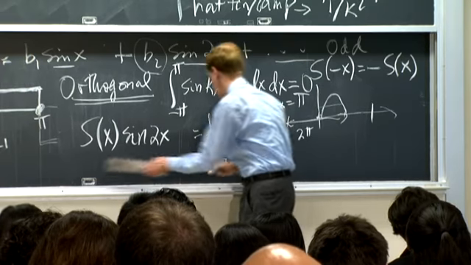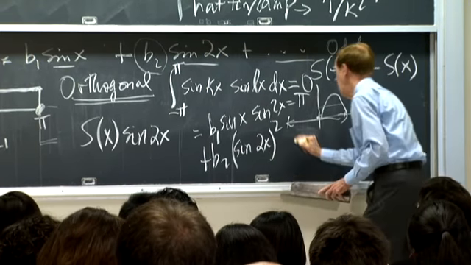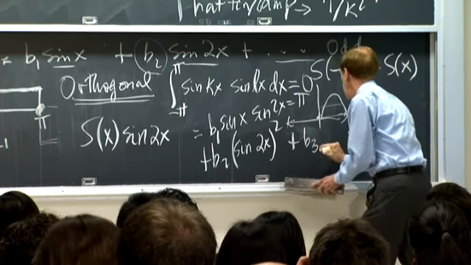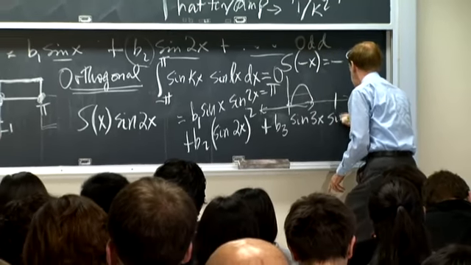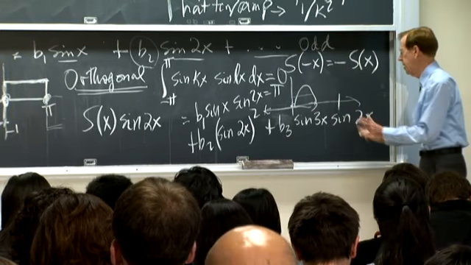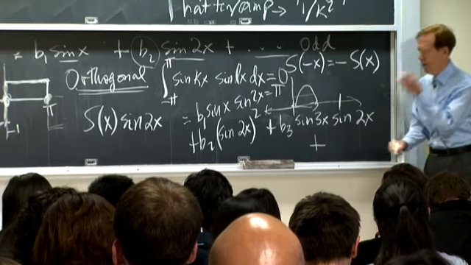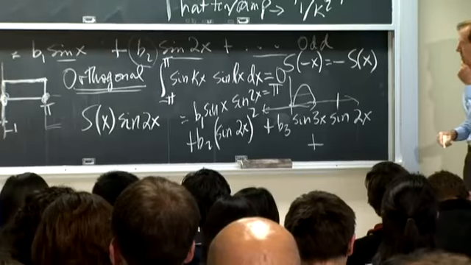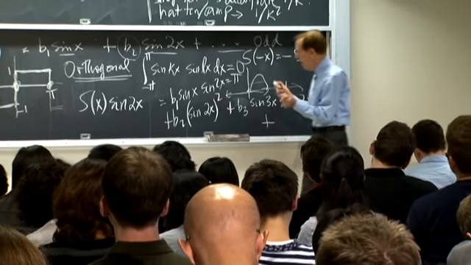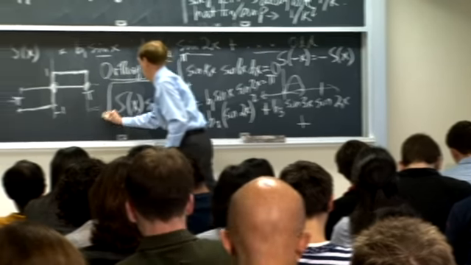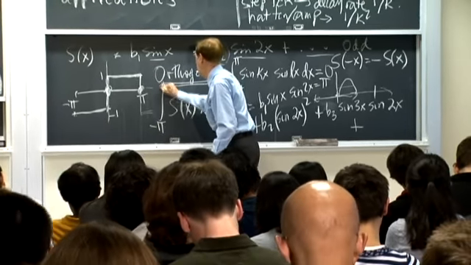And then comes the b3 term, b3 sine 3x sine 2x. Everybody sees what I'm doing? It's as we did with the weak form in differential equations. I'm multiplying through by these functions, and then I'm integrating over the interval.